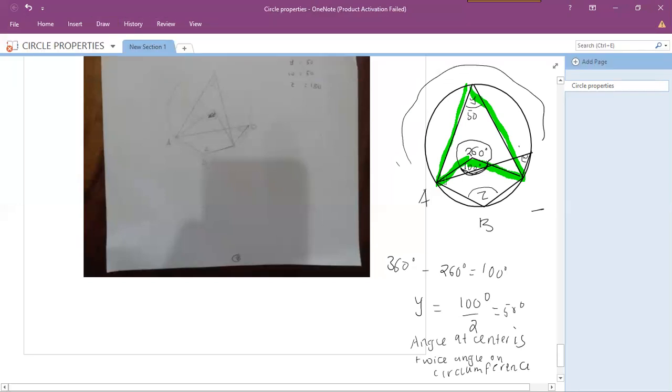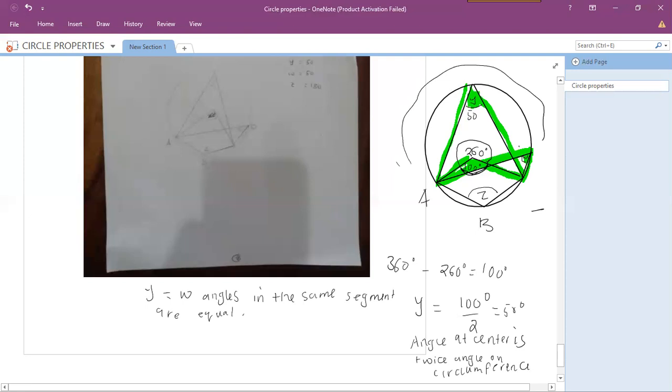So this angle here going like that and going like that, this angle here and this angle are equal. So angle Y is equivalent to angle W because angles in the same segment are equal. So those two angles are in the major segment, so they are equal.